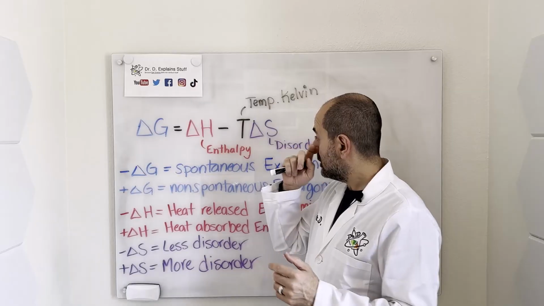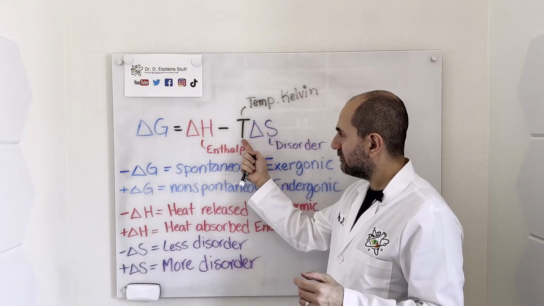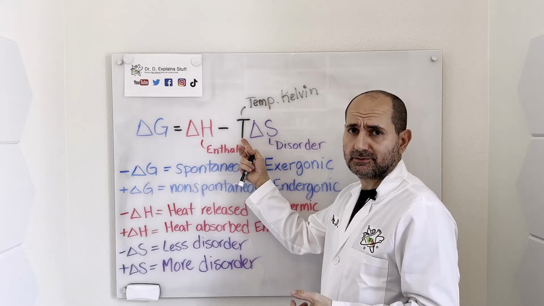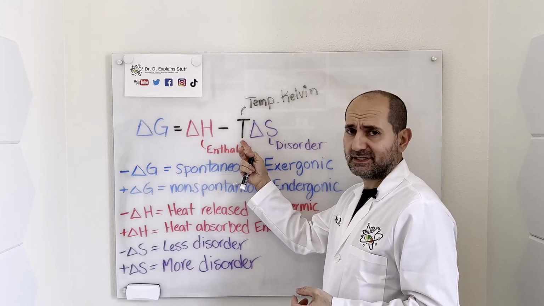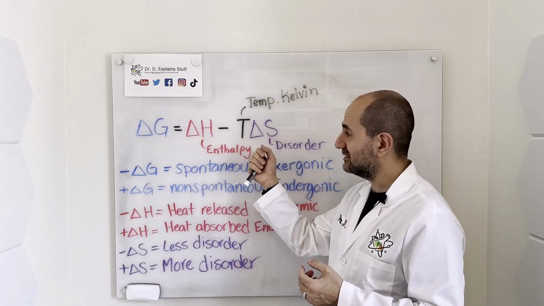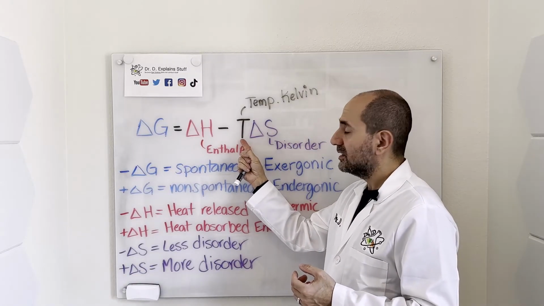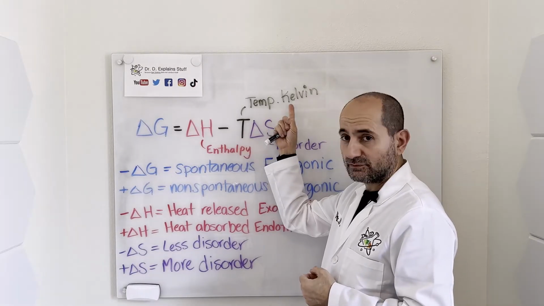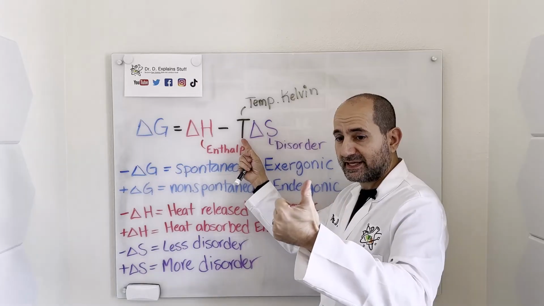What I want you to know is that I want to ignore T, I want to ignore temperature. How can I just ignore temperature for the purpose of understanding this equation? Well, all I know is that T stands for Kelvin, and I know Kelvin can't be 0.